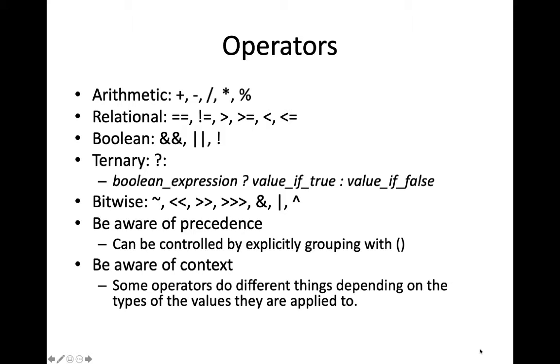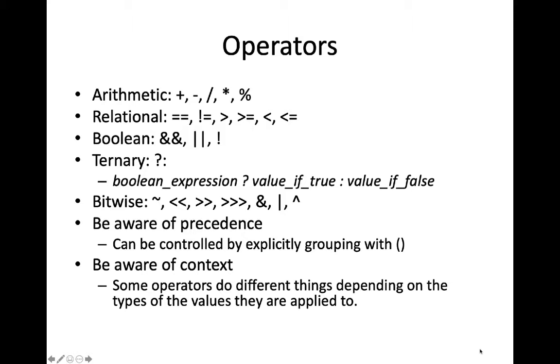We can just use this ternary operator right where we need the value we're trying to select, the A if true, B if false. So that's a nice operator to keep in your little toolbox because it comes up more often than you'd think.